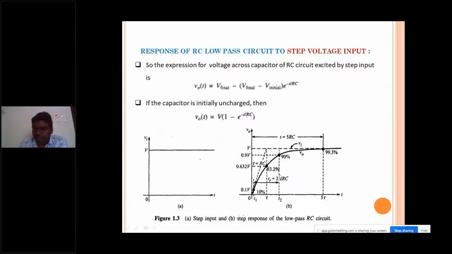In simple words, tau is equal to RC. It takes 5 time constants for the voltage across the capacitor to reach the final value, 99.3%, as shown here. So this is called the response of an RC low pass circuit to a step input.